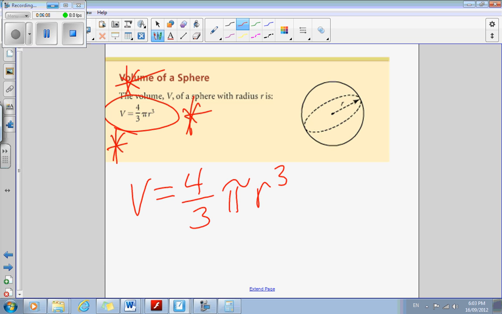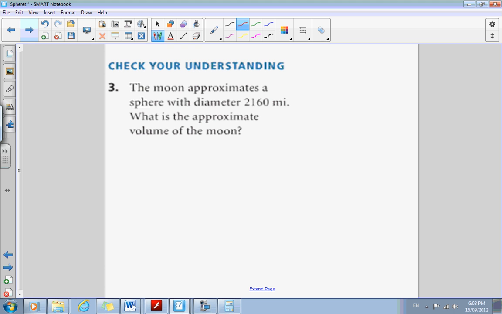This is the formula you use to find the volume of a sphere. So let's try to do a problem here. Volume of a sphere equals 4/3 pi r cubed.